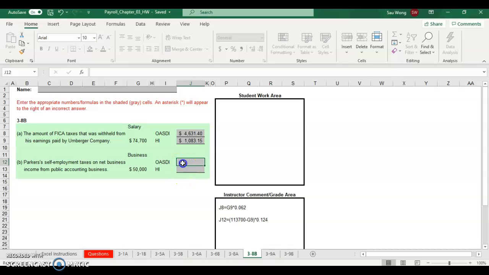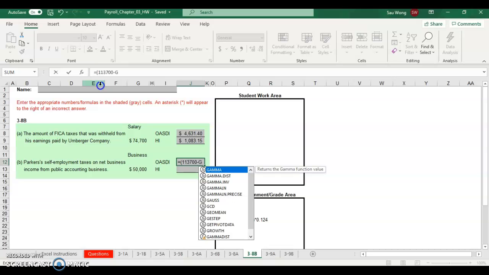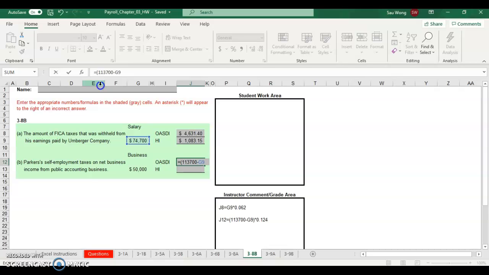So on J12 equal to the cap minus G9, which is his salary, close bracket, times 0.124, 12.4%. And then on the Medicare, he needs to pay it all.